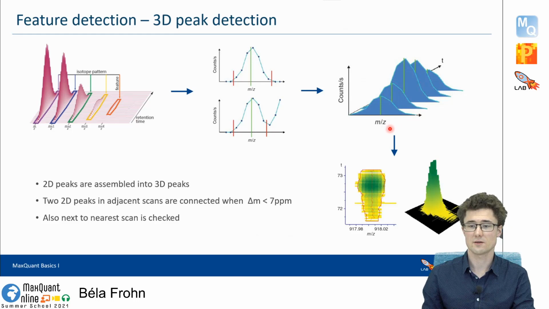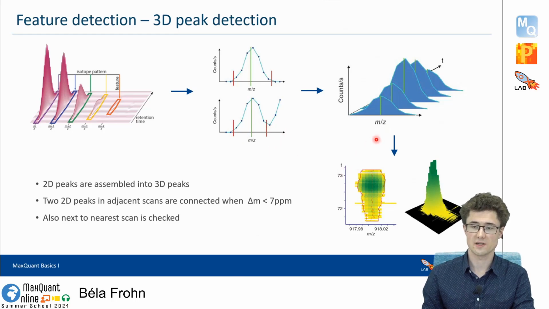So what we get then here are many such things, and we can put them together to one 3-dimensional peak, where you can see here in the middle, this is always this green line here, the center of the peak, and this outline here is these 2 outer lines here.